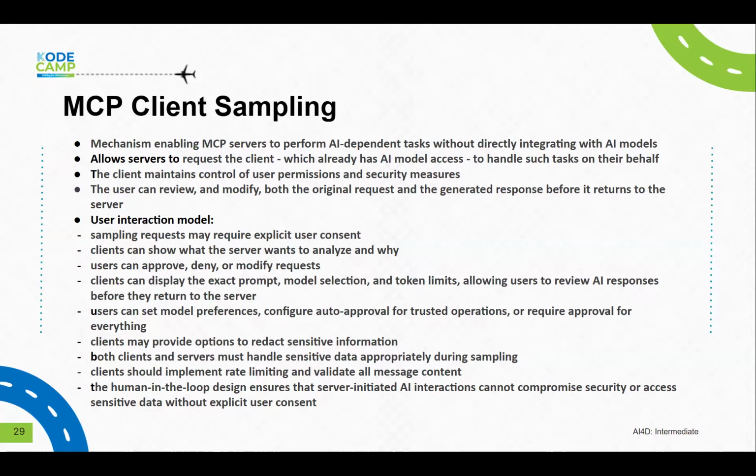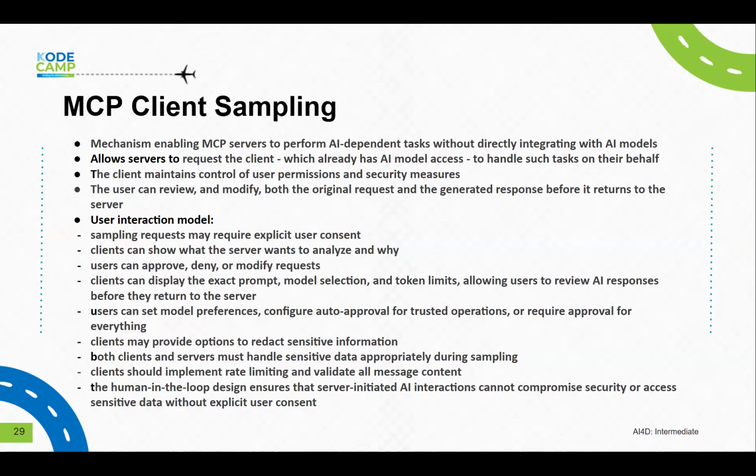Implement rate limiting to reduce the potential for the server to rack up a hefty API bill for them, or even reduce the propensity for injection through sampling requests.